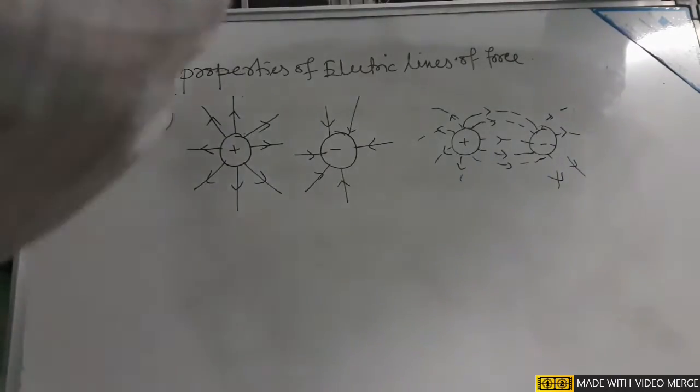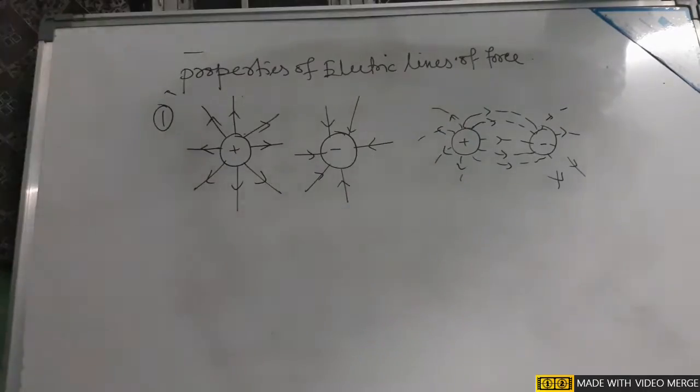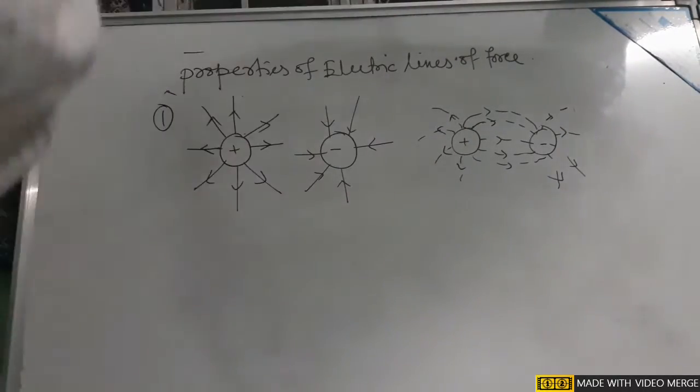So this is for the positive charge, this is for the negative charge, and this is for two opposite charges very close to each other. This is the diagram of the electric lines of force.